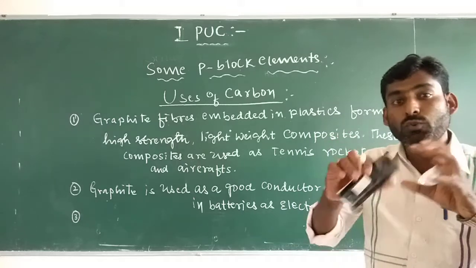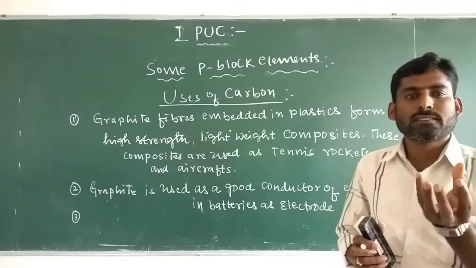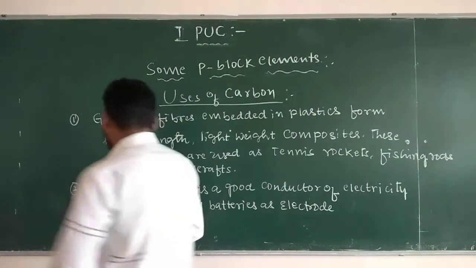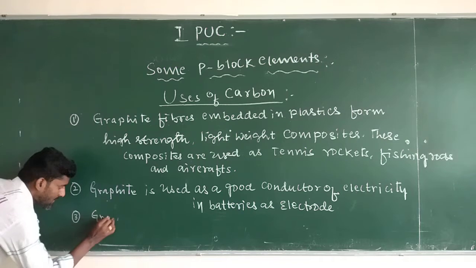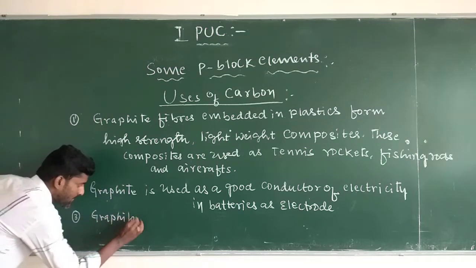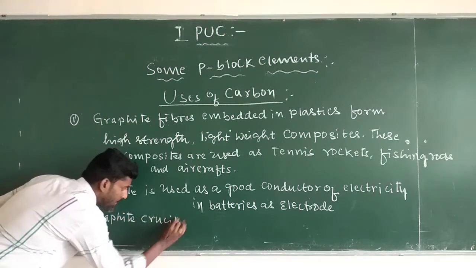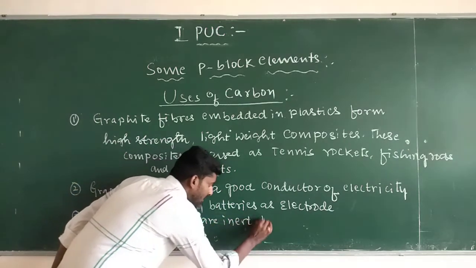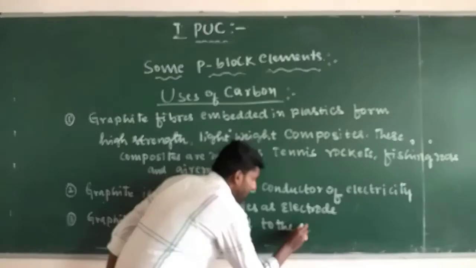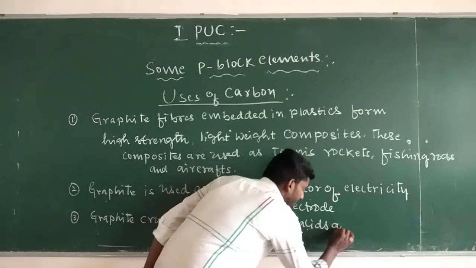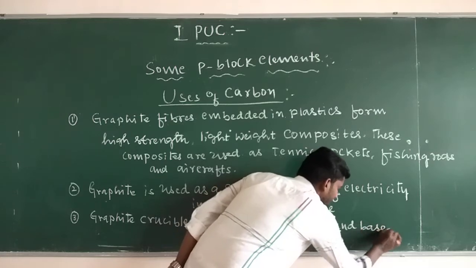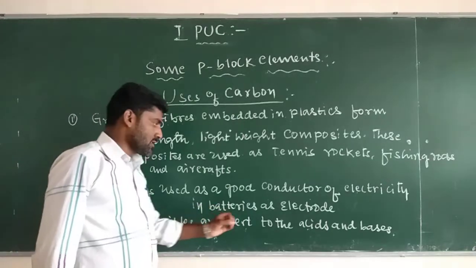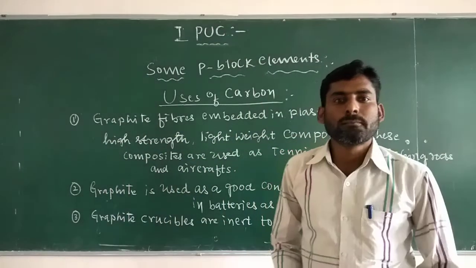That is, graphite crucibles are inert to acids and bases.